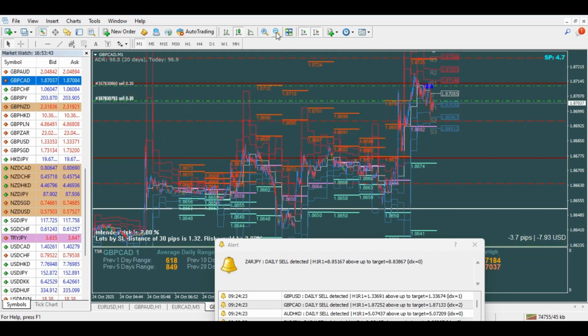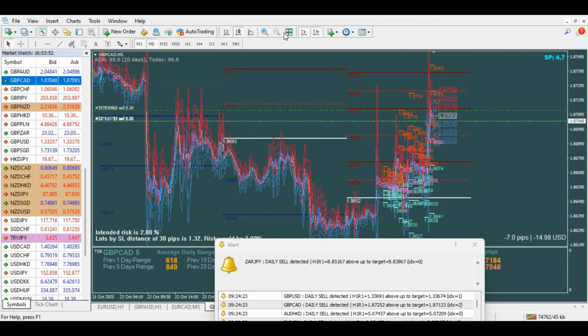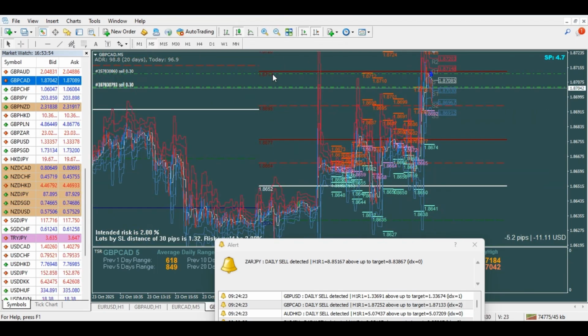That's the daily R2. Let me go ahead and put it on the 5-minute chart so you can actually see that price. It's right here, 1.8713. And it says IDX equals 2. So that is the daily R2.